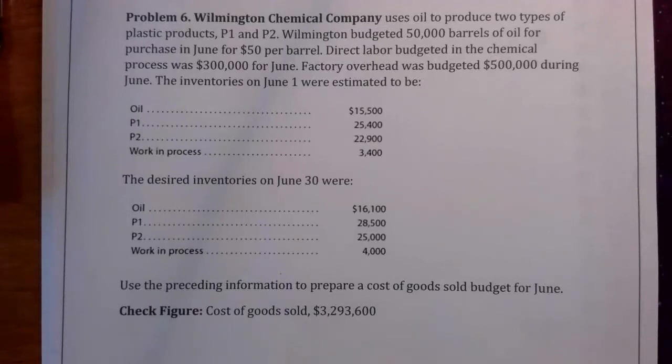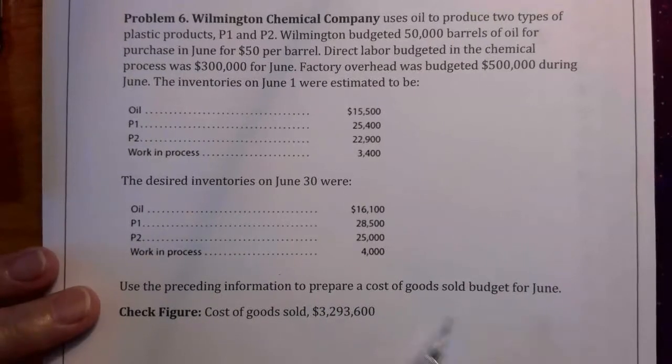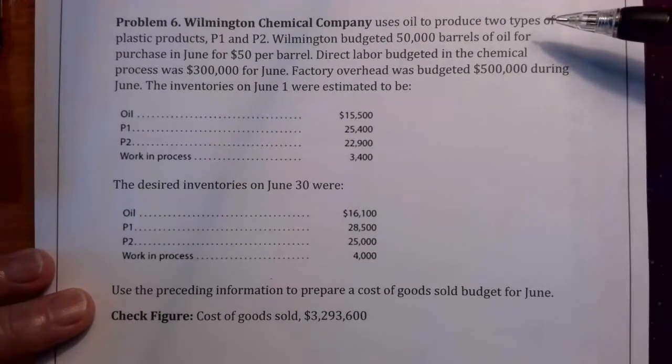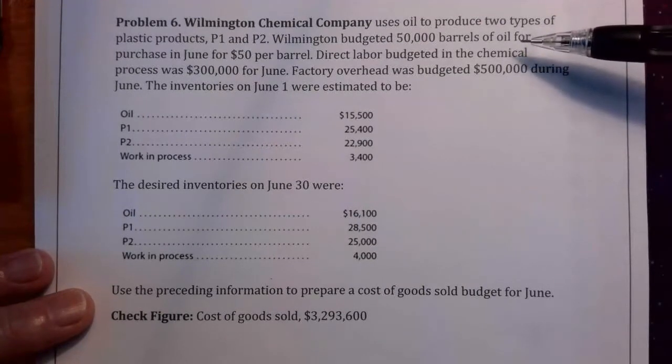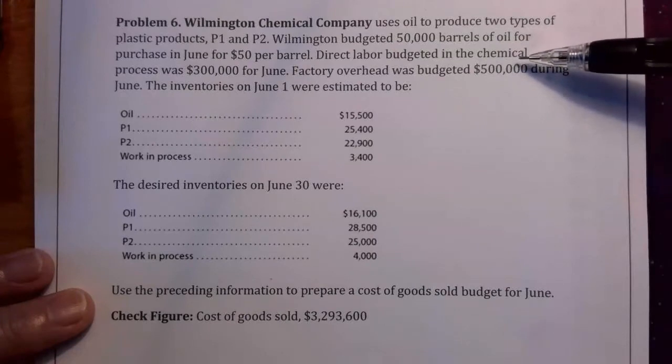Okay, for this problem, we've got to prepare a cost of goods sold budget. This company uses oil to produce two types of plastic products, P1 and P2. They budgeted for 50,000 barrels of oil for purchase in June.